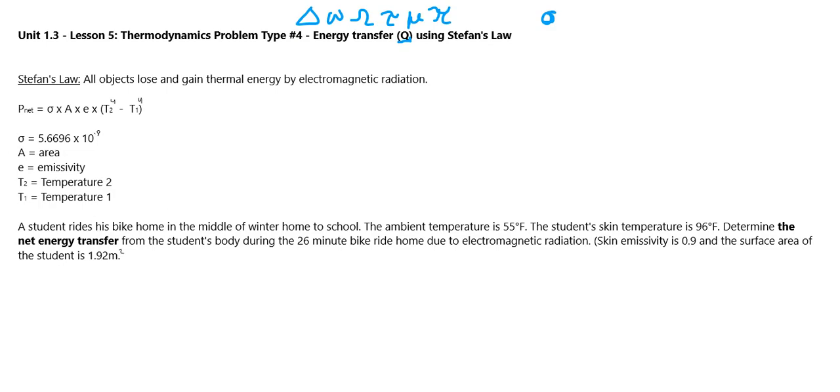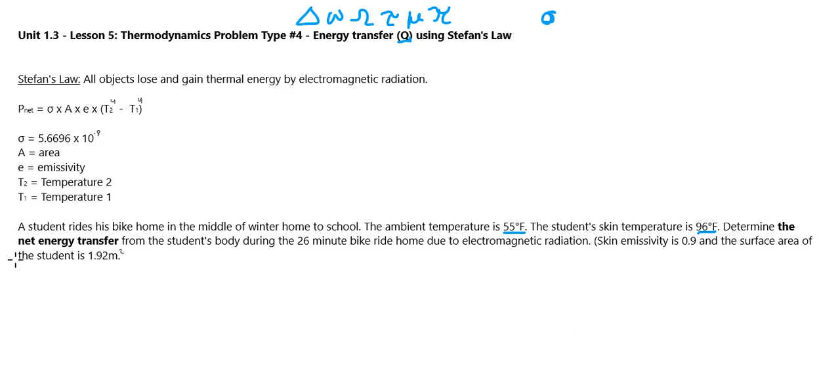So first, let's read this word problem. A student rides his bike home from school in the middle of winter. The ambient temperature is 55 degrees Fahrenheit. The student's skin temperature is 96 degrees Fahrenheit.